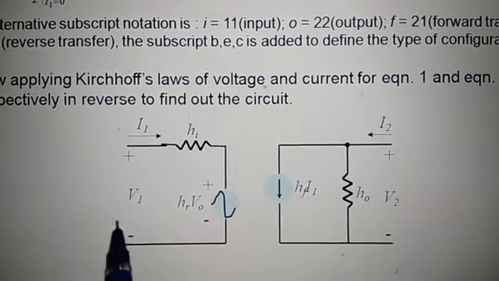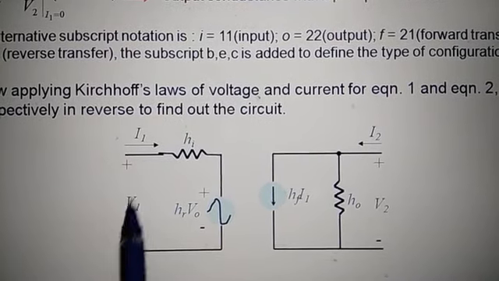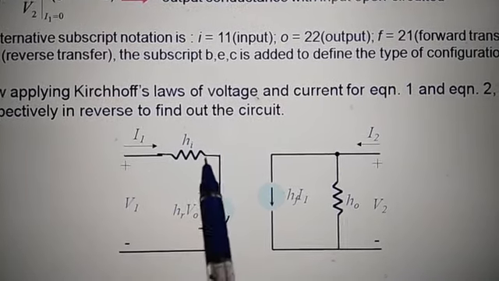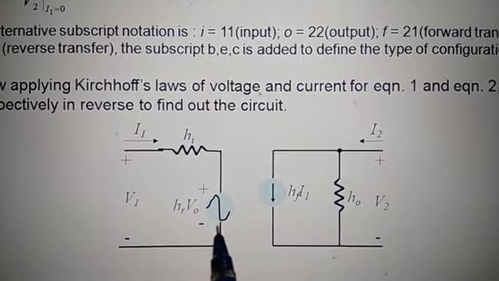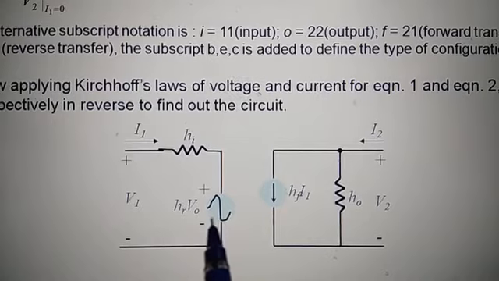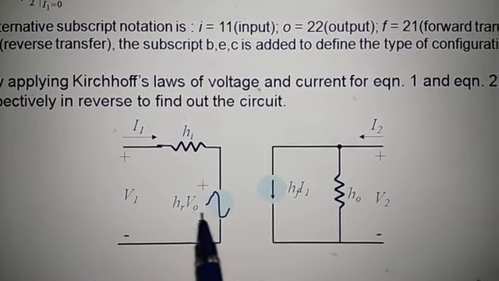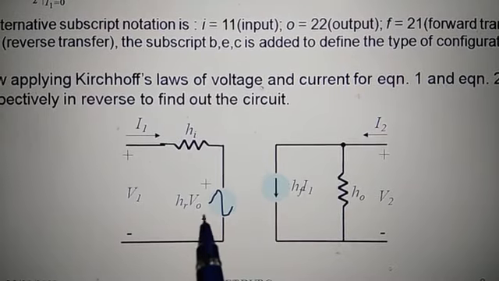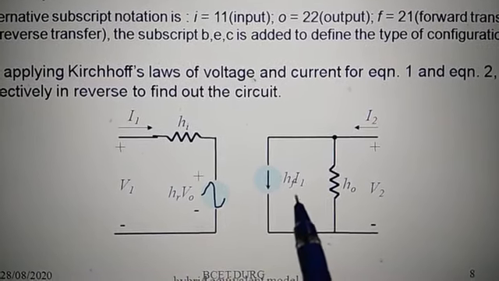This is the diagram where the input voltage is V1 and the input current is I1. This is the input impedance HI, which we have seen. And this is the voltage source at the input, that is HR into VO, HR into the output voltage. And this is the output current source, HF into I1.